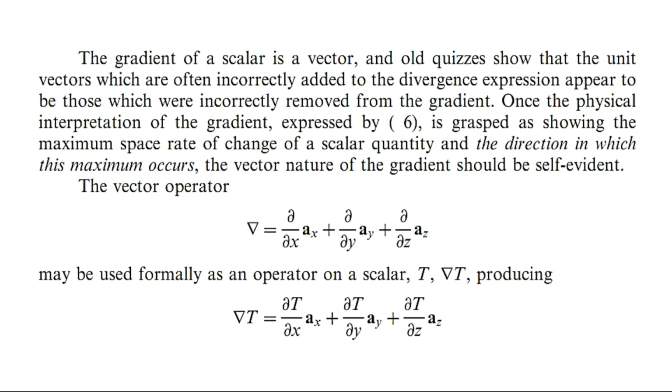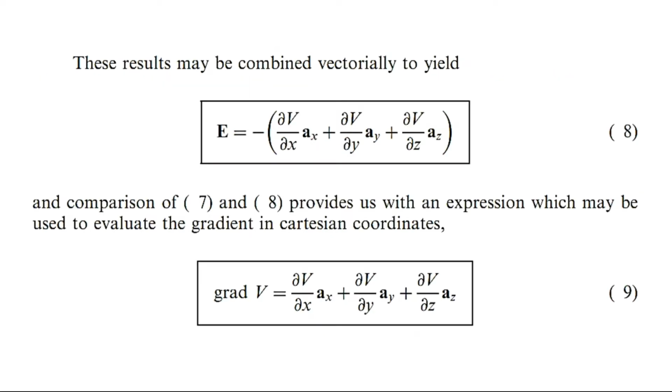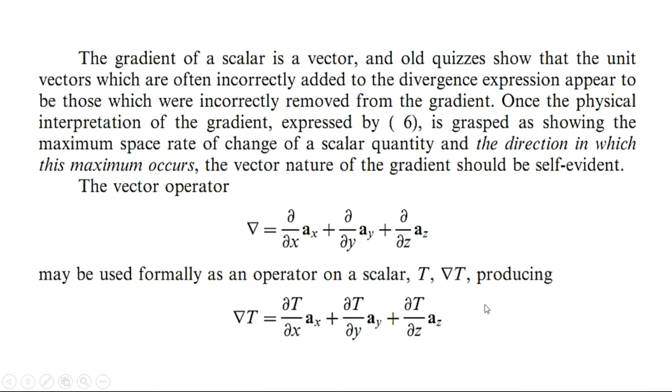Similarly, the result of a gradient is a vector quantity, so there will be unit vectors in the gradient operation. Once the physical interpretation of the gradient is grasped as showing the maximum space rate of change of a scalar quantity and the direction in which this maximum occurs, the vector nature of the gradient should be self-evident.